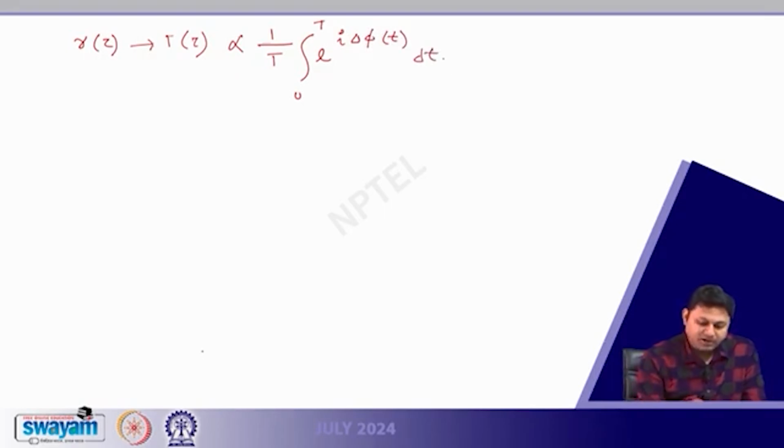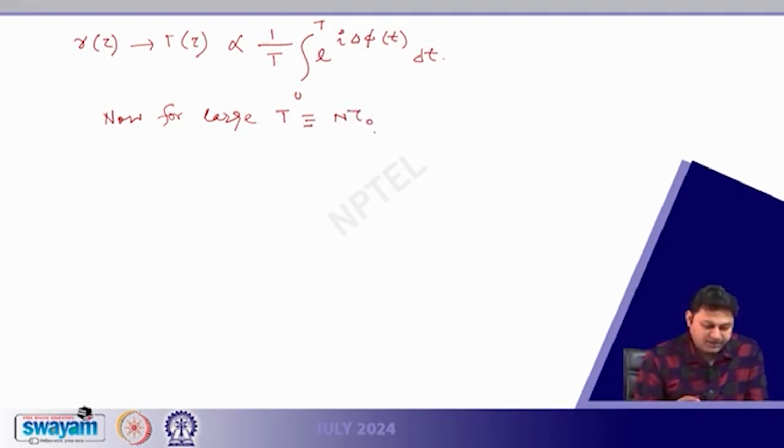Now note that for large T we can have many periods, so that is equivalent to n multiplied by tau naught.